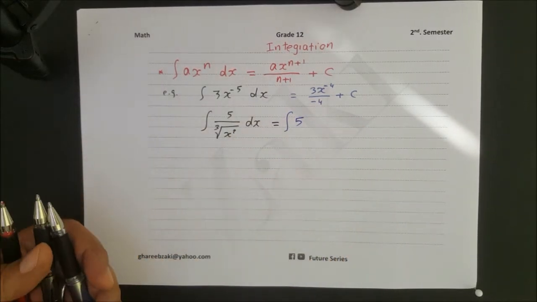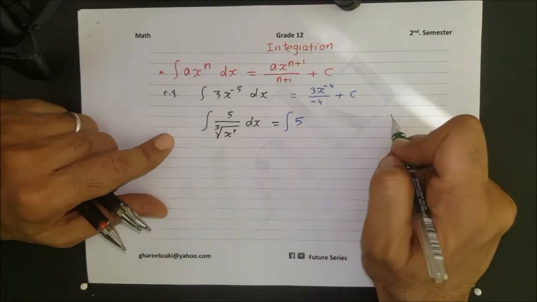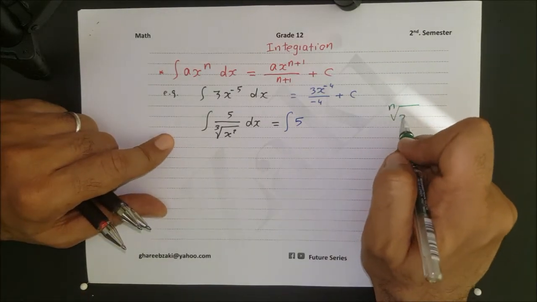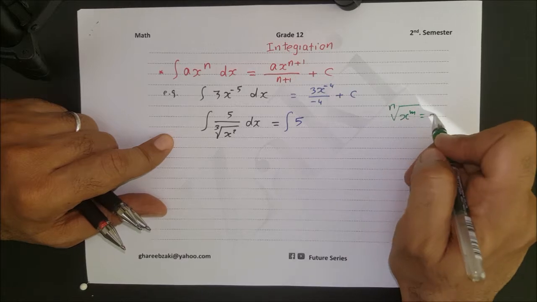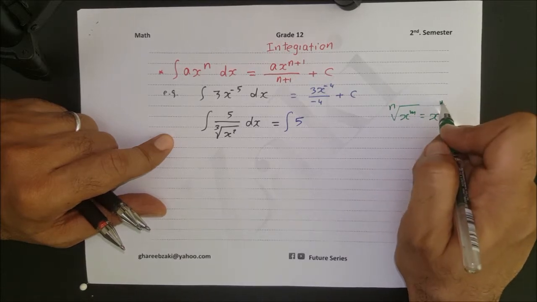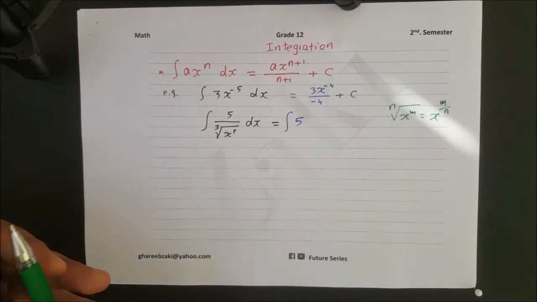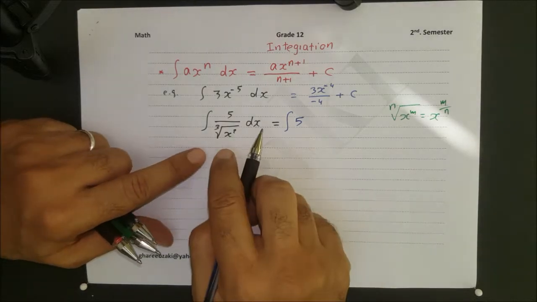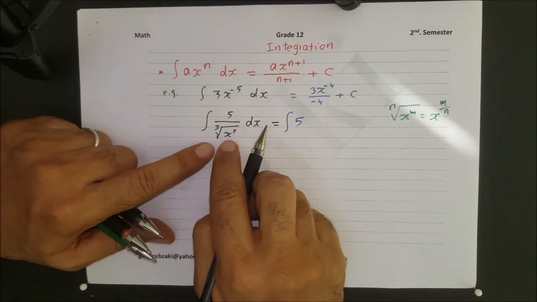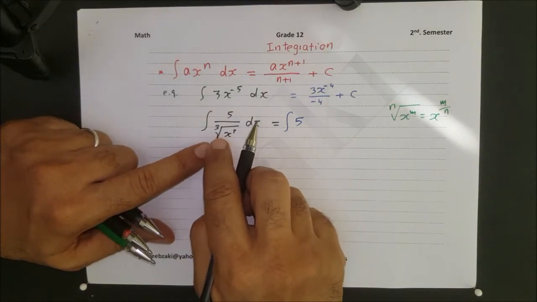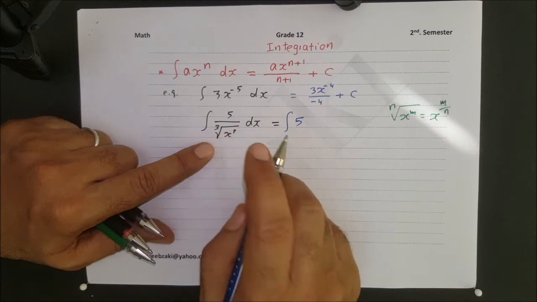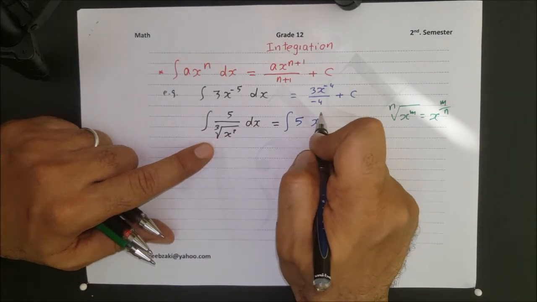Remember the formula, nth root of x power m: the power inside over the power outside. So this is x power 2 over 3. When we move it up, it becomes x power negative 2 over 3.